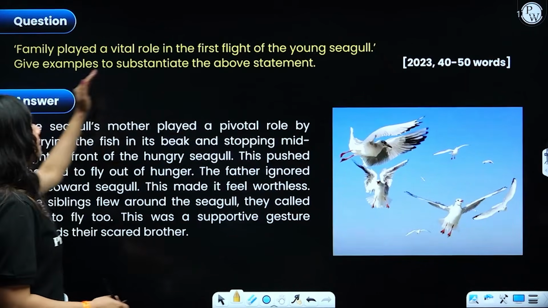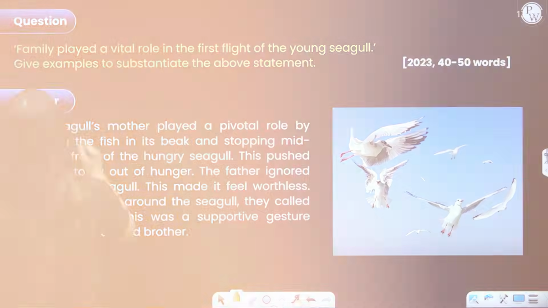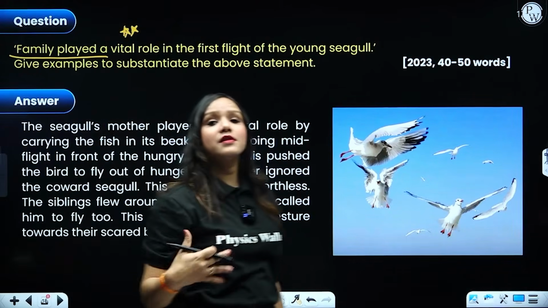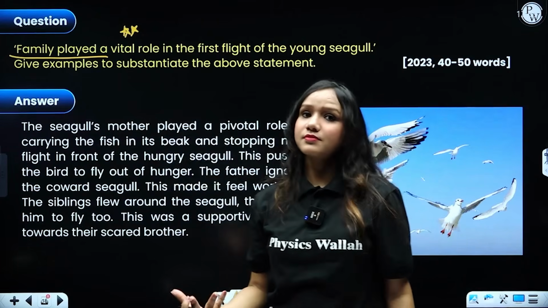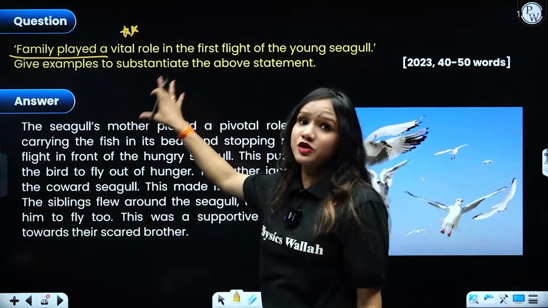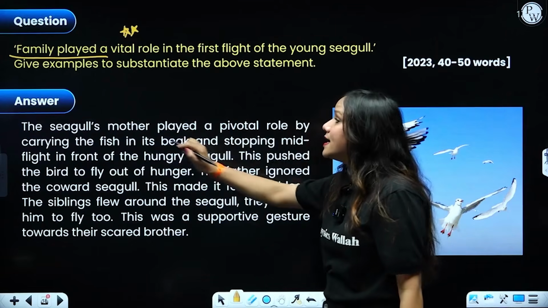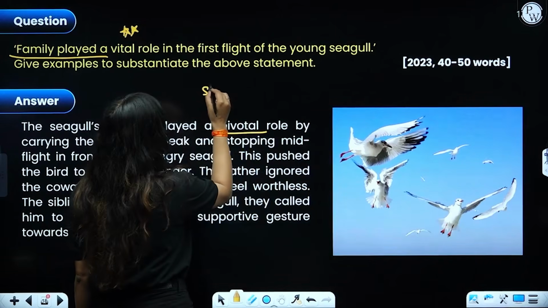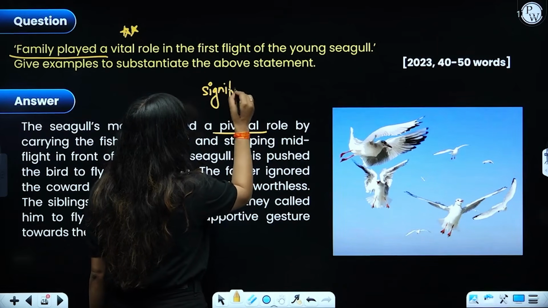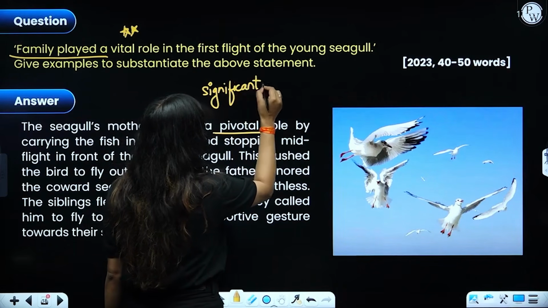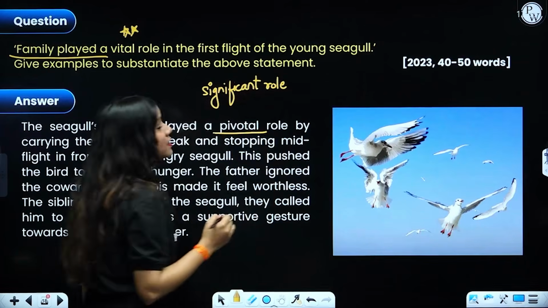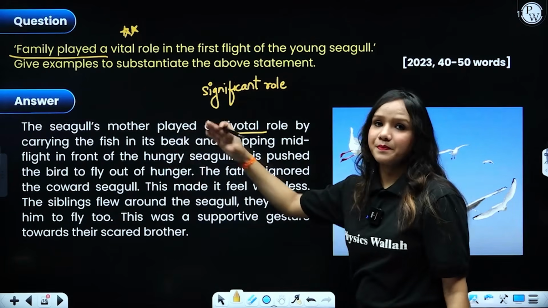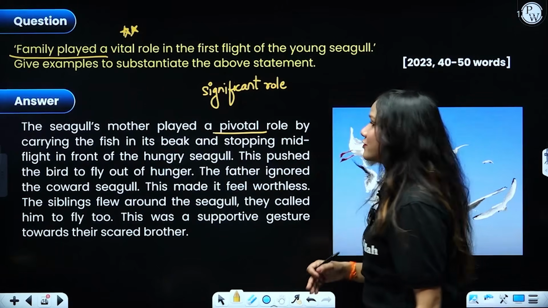Now, family played a vital role in the flight of the young seagull. Very important question. If you get any question which is in the form of an extended short one, there is a high possibility that this question can be asked. Let's see. The seagull's mother played a pivotal role, a very significant role, or you may say a very crucial role in making the young seagull have his first successful flight, right?